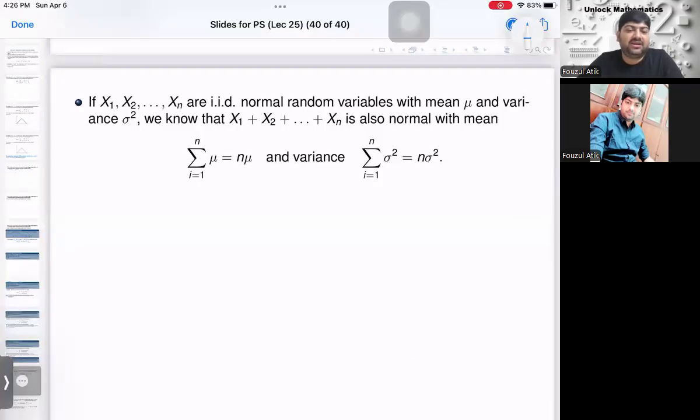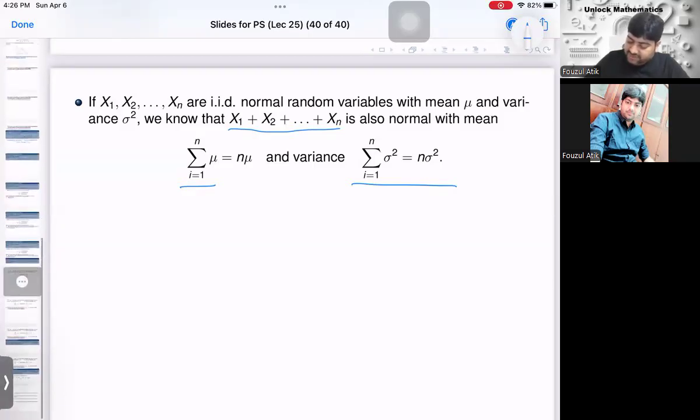Now here they are normal. So we know that each of them has the same mean, because they follow the same distribution, and they have the same variance. So their sum has variance n sigma square. Therefore, X1 + X2 + ... + Xn is a normal random variable with mean n mu and variance n sigma square.